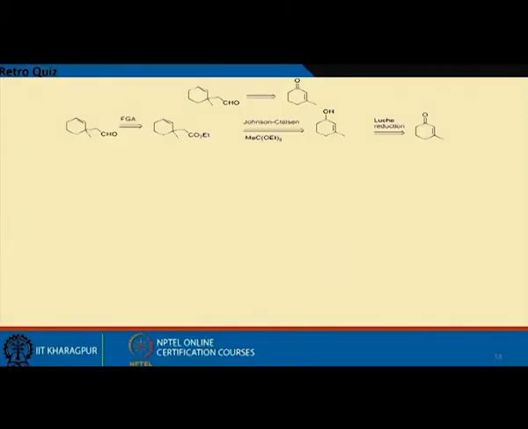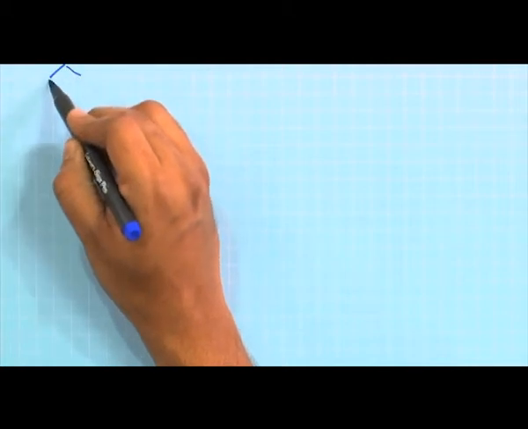Fine. Coming to another quiz, which is again based on very simple transformations, let us see how it was designed. The starting material was a simple cyclopentene framework.